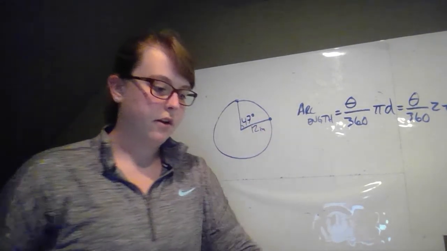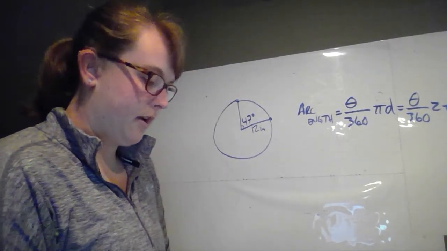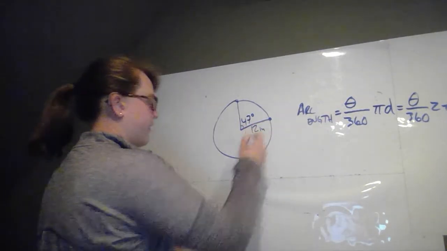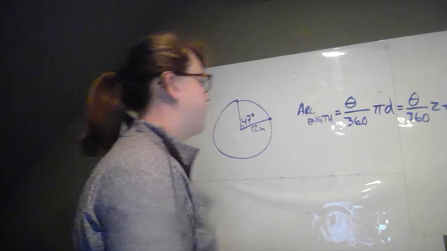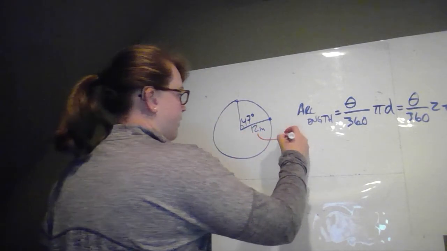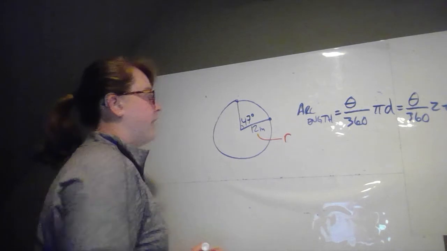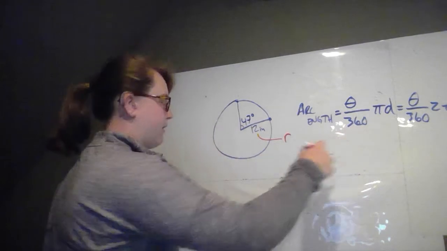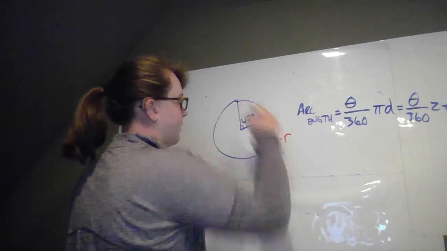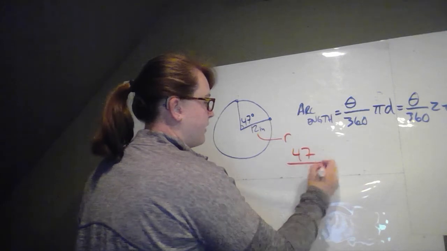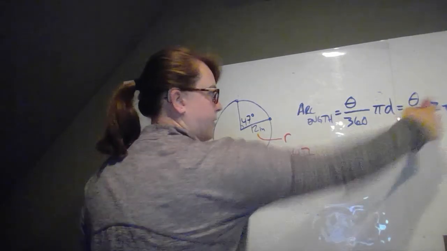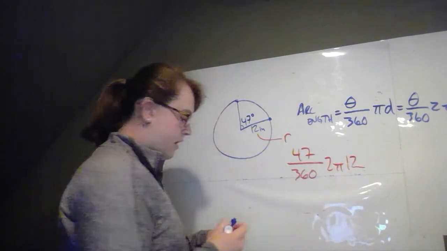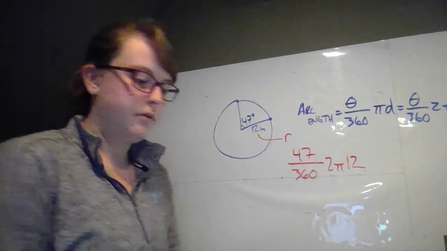Now all I have to do is plug these in. First, we want to identify what it is that we have. Do we have a radius or a diameter? In this case, we have a radius. If I had a diameter, I could either cut it in half and use that, or use the equation with diameter in it, either way. And then here's our angle theta, 47 degrees. So 47 over 360, and since I have a radius, I'm going to use that one, times 2 times pi times 12. So that's what we're going to type into our calculator.